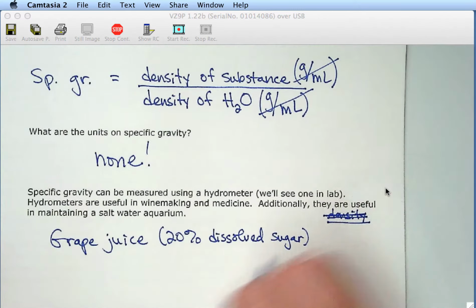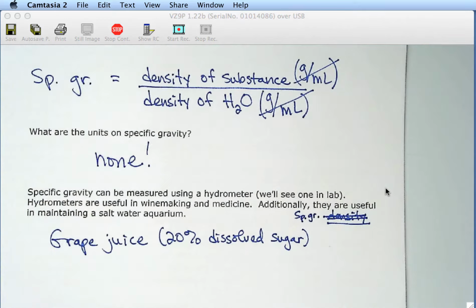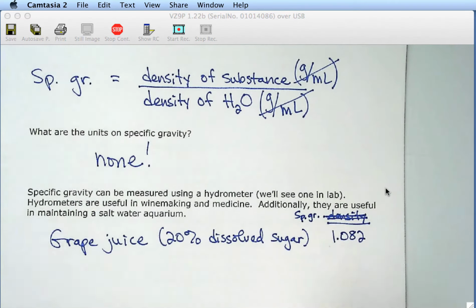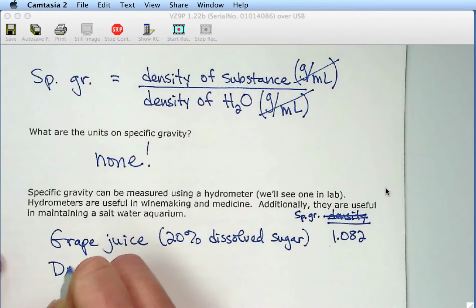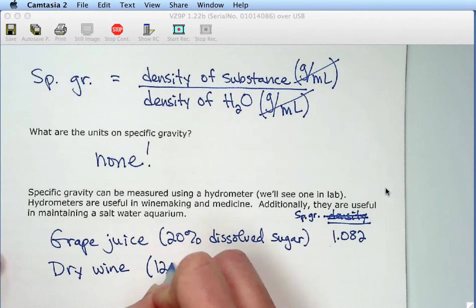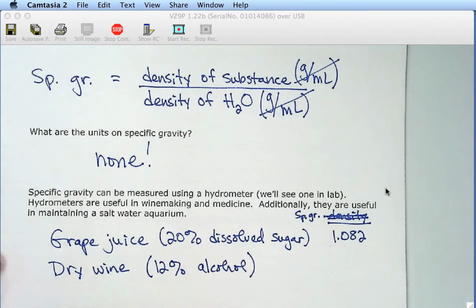So the specific gravity of grape juice is 1.082. Dry wine, which has an alcohol content of 12%, has a specific gravity of 0.984.